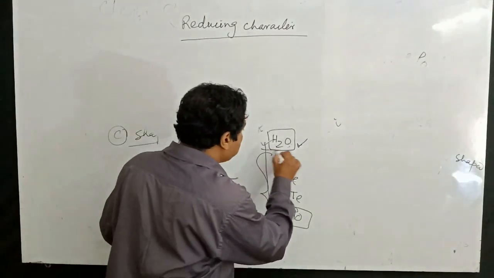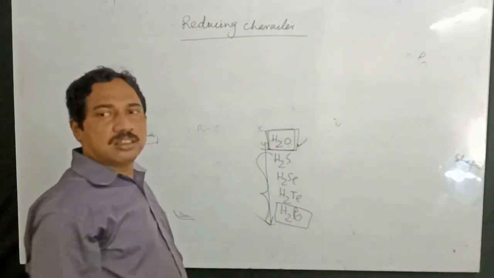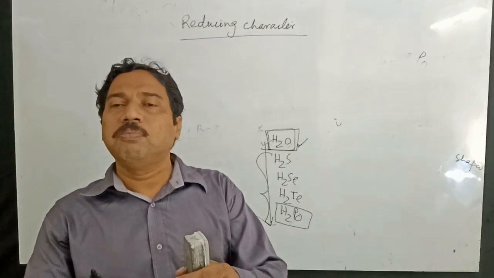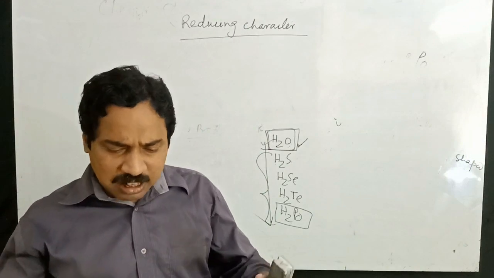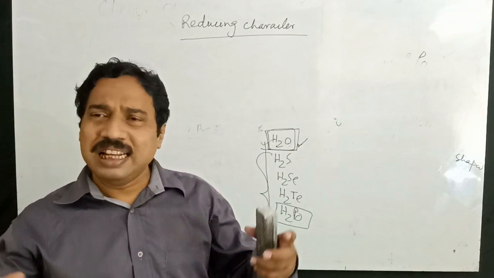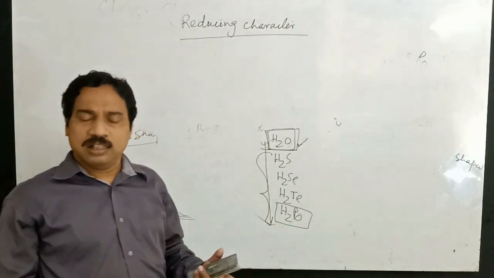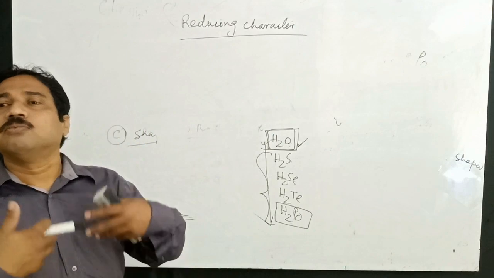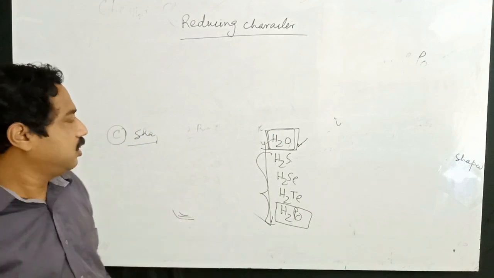Water, H2O, cannot donate hydrogen easily because of the presence of intermolecular hydrogen bonding between the molecules of water, so the water molecules remain in associated states. So more energy is required to separate the water molecules, and more energy is required to remove the hydrogen from oxygen.